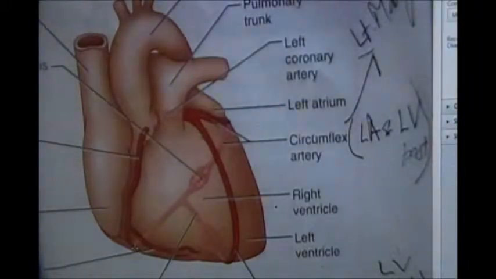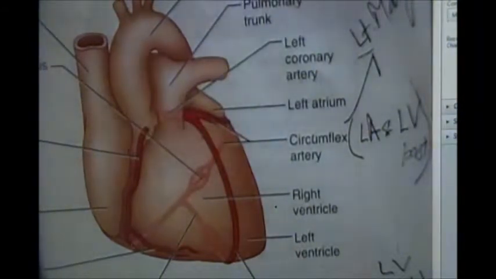The circumflex artery follows the coronary sulcus posteriorly and supplies the left atrium and the posterior surface of the left ventricle, and at the inferior border it branches into the marginal artery.